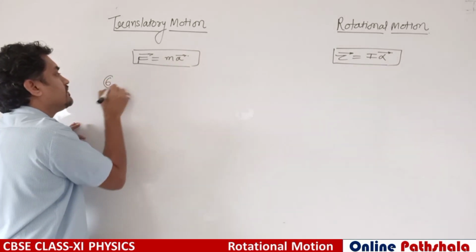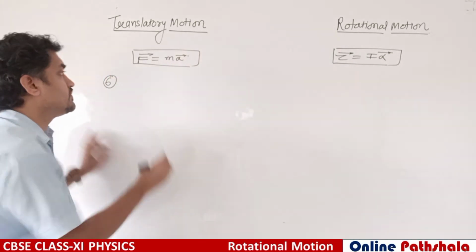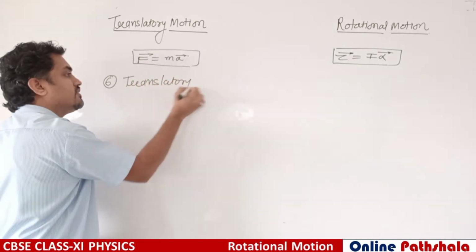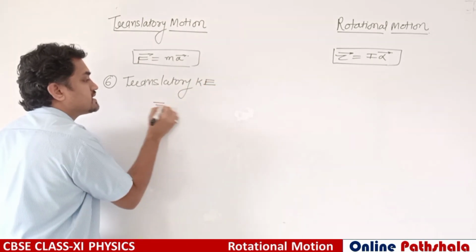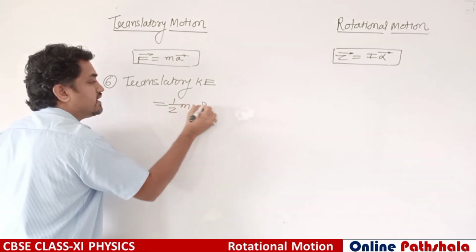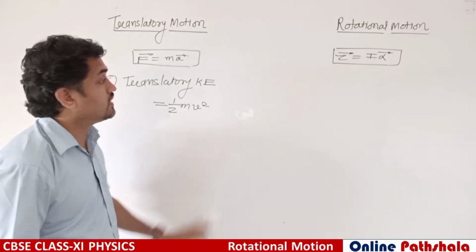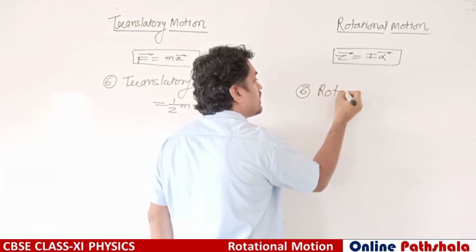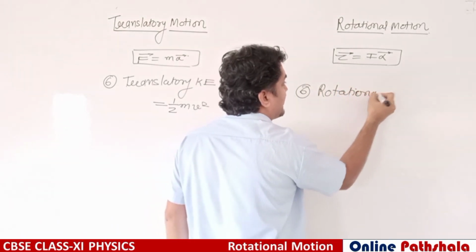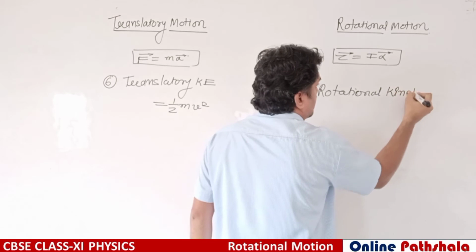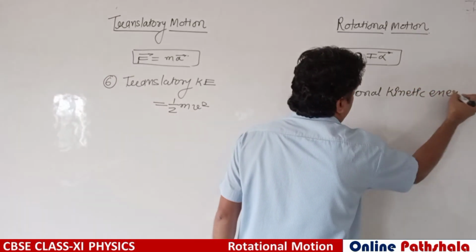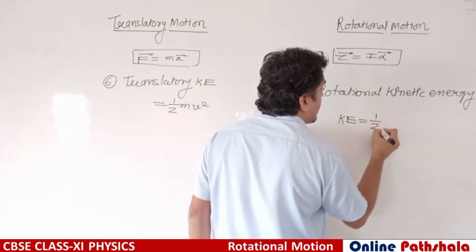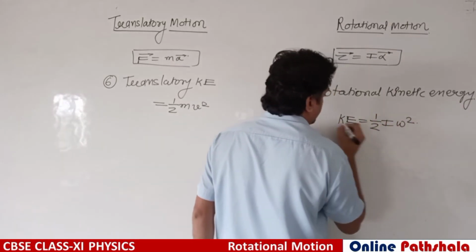Now the sixth parameter is kinetic energy. The translatory kinetic energy is equal to half mv square. You know very well what kinetic energy is: half mv square. Same as it is in rotational motion, the rotational kinetic energy is half I omega square.